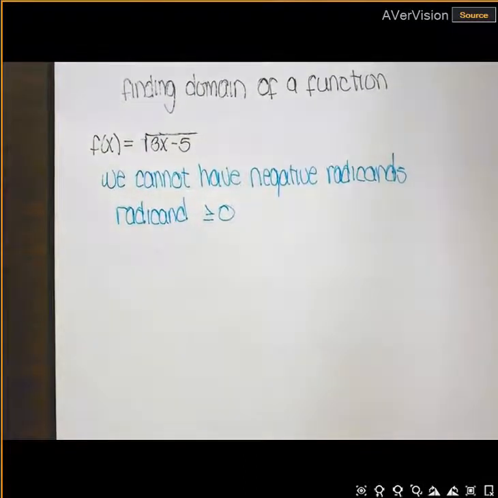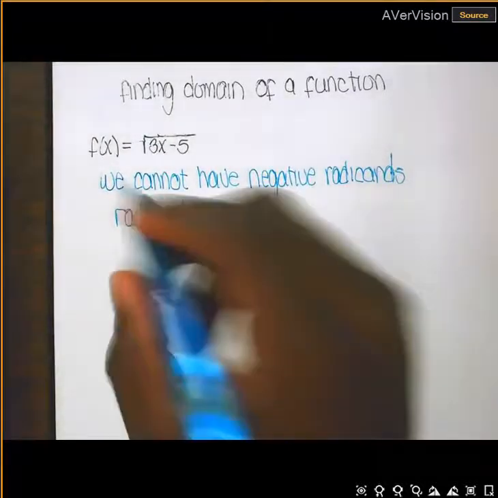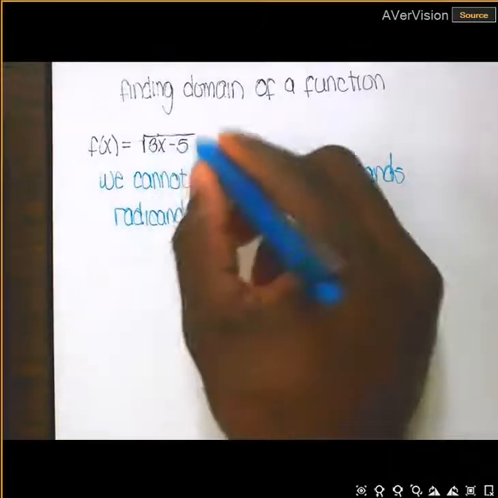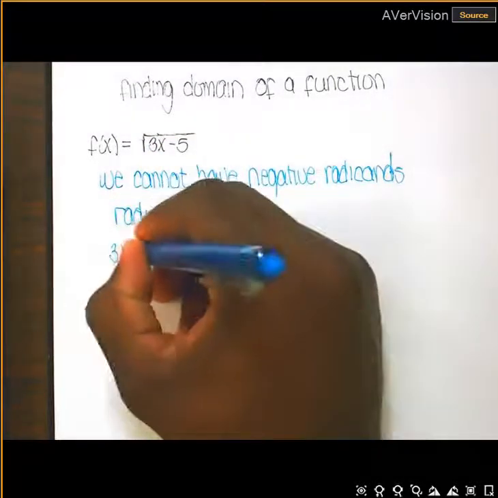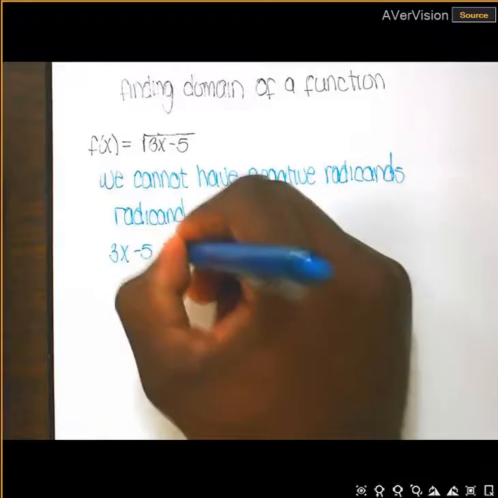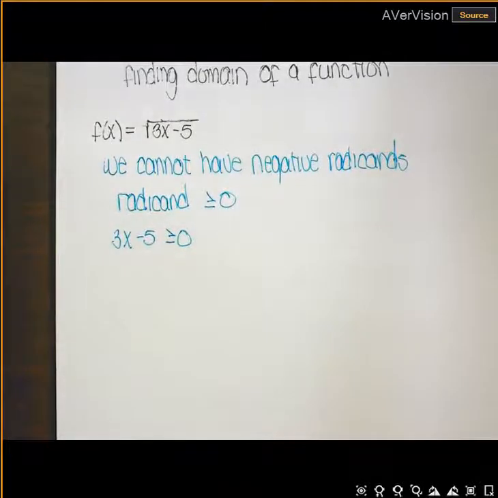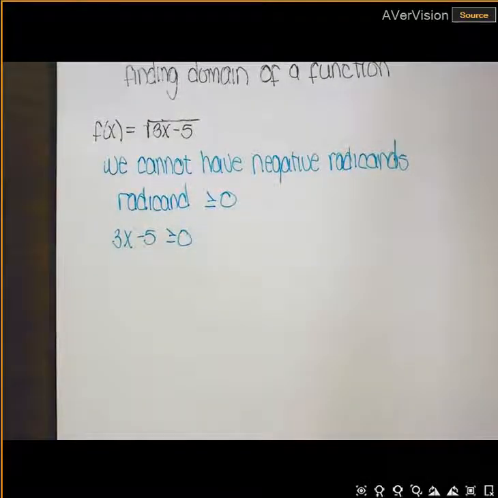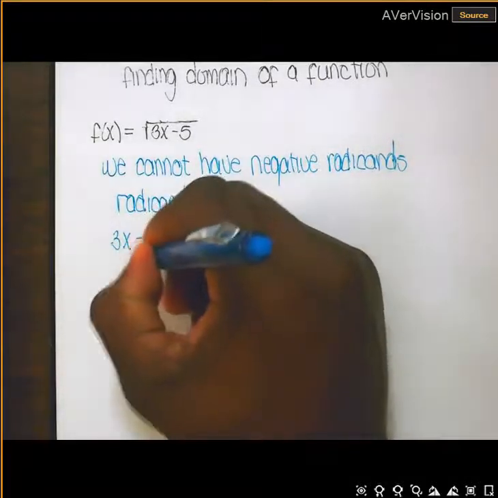All right. So to find the domain, we're going to have to set the radicand greater than or equal to 0. And now we just have to solve this inequality. What do we do first to solve it? Start by adding 5.